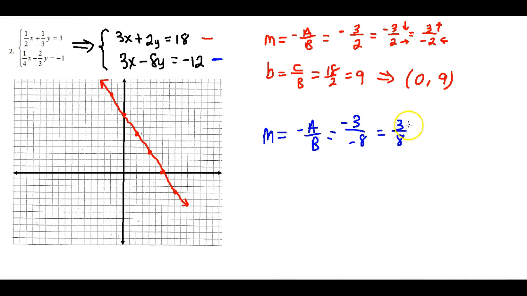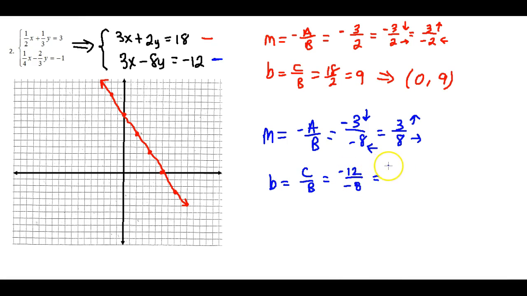And so remember, we can interpret it as going up 3 units and to the right 8 units, or we can go down 3 units and to the left 8 units. To find our y-intercept, we just do c divided by b, and c in this case is a negative 12, and b is a negative 8.